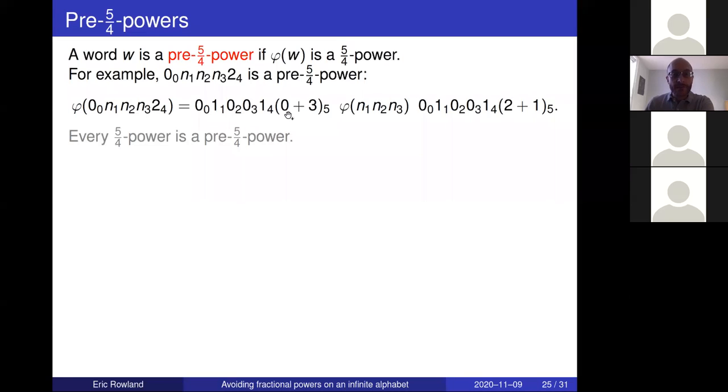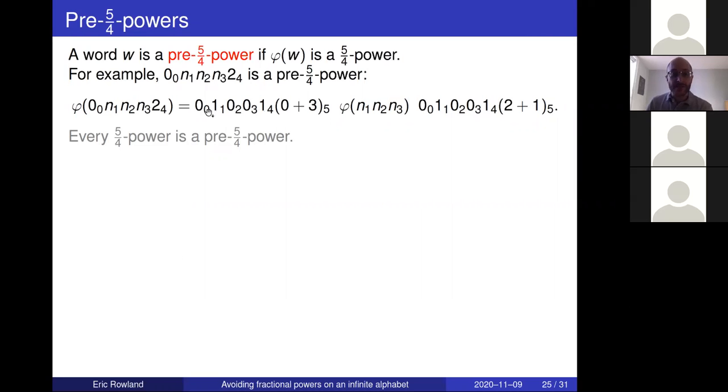And again, what is the morphism doing? It's sending the 0, 0 to this word, and it's increasing the 0 by 3 in that last letter. And to 2, 4, it's going to increase that 2 by 1. And so what you end up getting is the 3, 5, 3 sub 5 in both places. And the backgrounds agree.